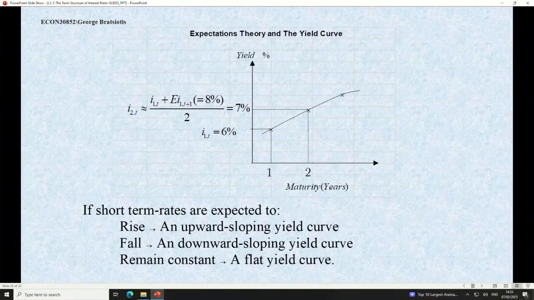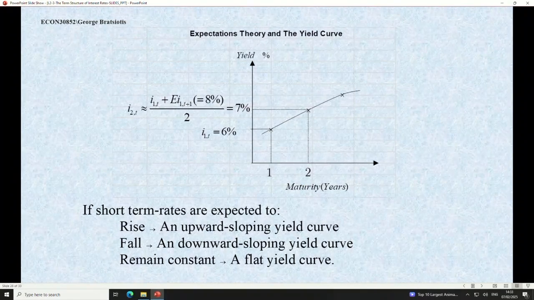Okay? So for example, the 2-year bond is today's current rate on the 1-year rate plus the expected 1-year rate in the following period, the T+1 period. If this is 8%, that will give me 7%, so that will be high. If that is 5%, let's say, or whatever, then the yield curve will be downward sloping.